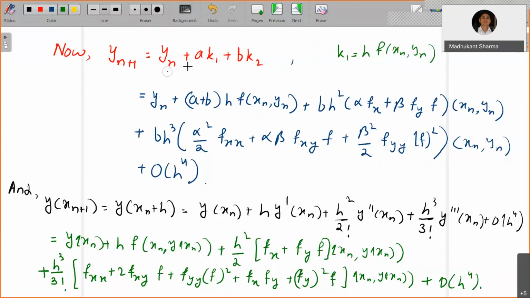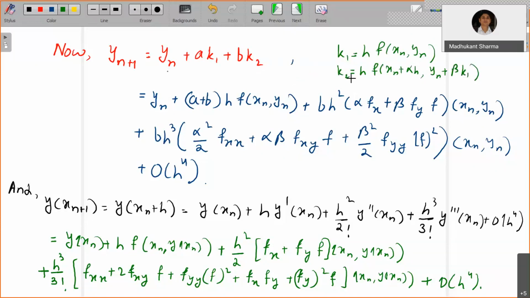So the first terms are yn plus a h f of xn comma yn. Now the second term, b times k2, where k2 is h times f of xn plus alpha h comma yn plus beta k1.